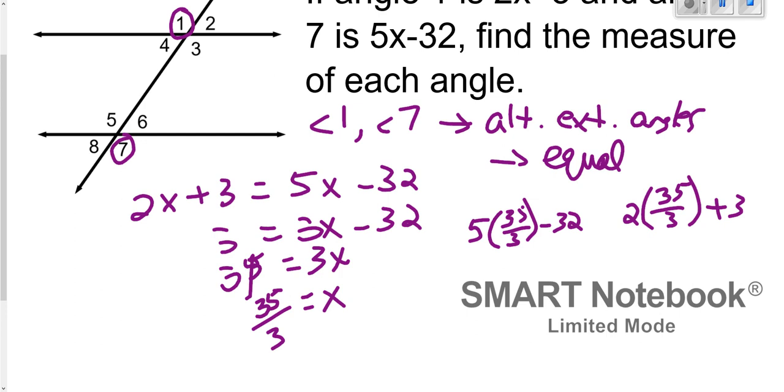And I put that in my calculator. I get 79 over 3 degrees for both. If you leave it as a decimal, that's fine. It's 26.3 repeating for both of them. Sorry for the annoying numbers, but it happens.